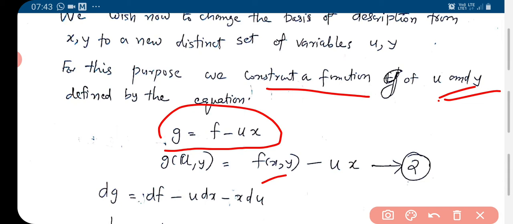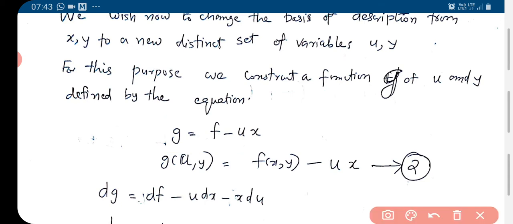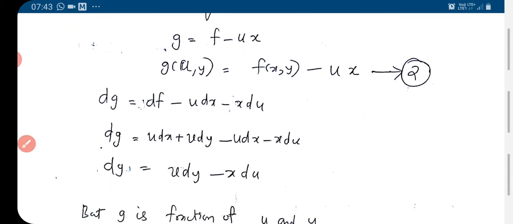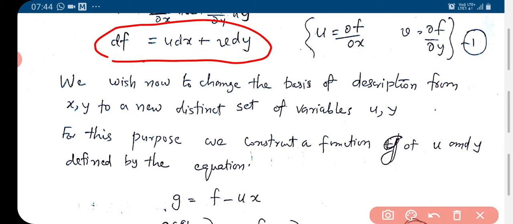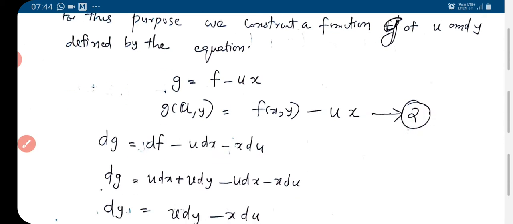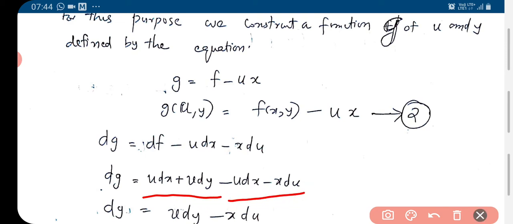So dg will be equal to df minus u dx minus x du. We apply the product rule here. Now df is u dx plus v dy, so we substitute for that, and we have dg equal to u dx plus v dy minus u dx minus x du.